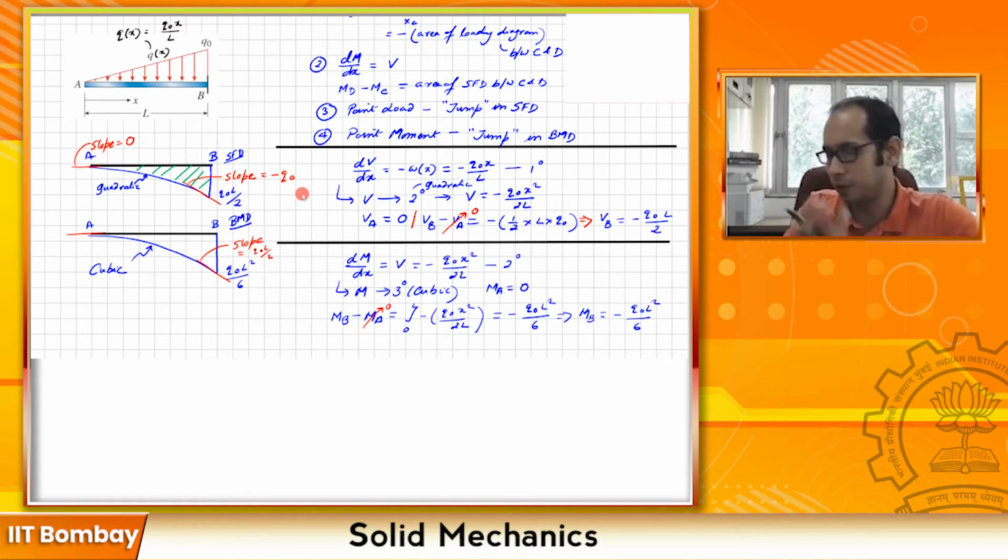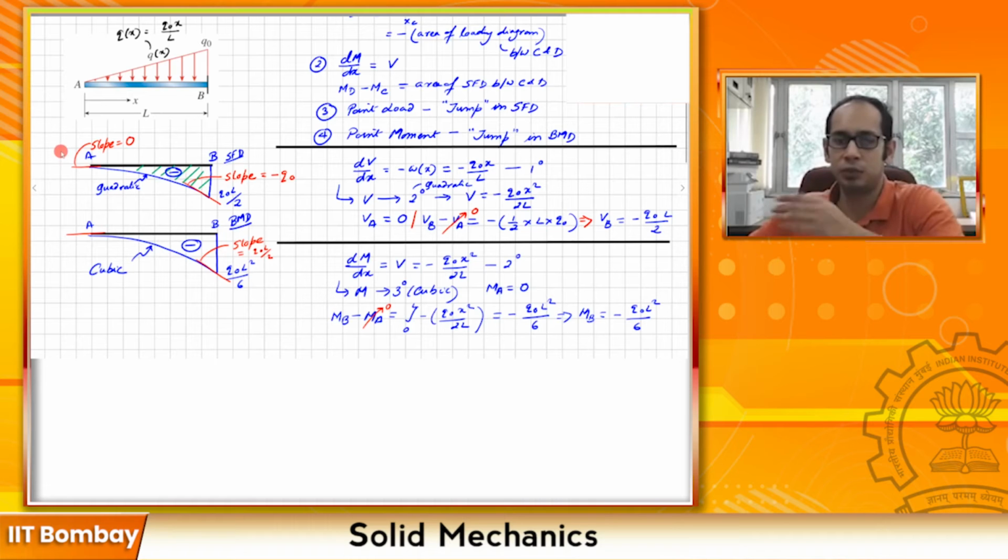It is the value of the shear at that particular point. Also, as you can see, your bending moment is negative and your shear force is also negative over here. So you have to do more problems to get this into your DNA, how the relationships are and how to use those relationships to get the values of the shear force and the bending moment.